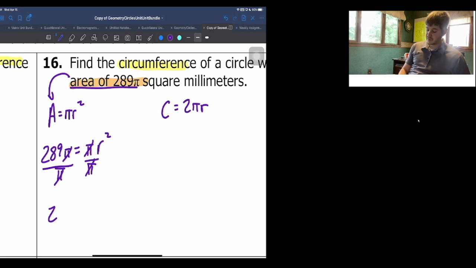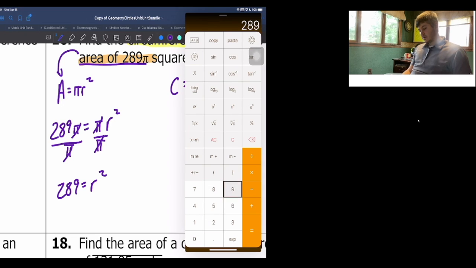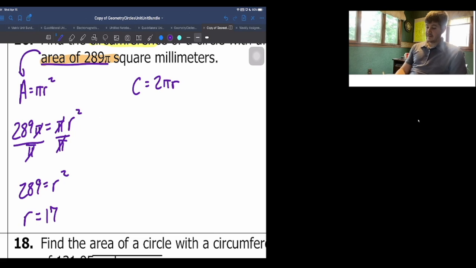They just cancel. So you're left with 289 equals r squared, which, I'm not sure if that's even a perfect square or not. So we're just going to check. I'm going to square root 289. It is 17. So that makes it easy. The radius is 17.